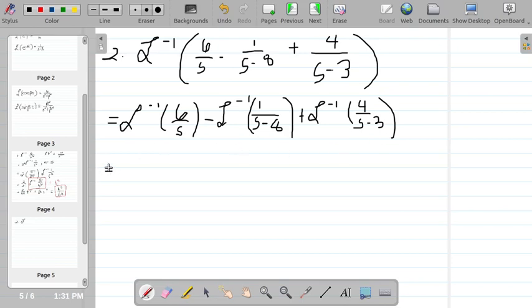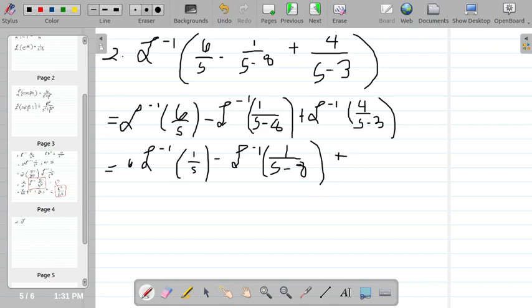Then we can factor out the constants: 6 times the inverse Laplace of 1 over s, minus the inverse Laplace of 1 over s minus 8, plus 4 times the inverse Laplace of 1 over s minus 3.